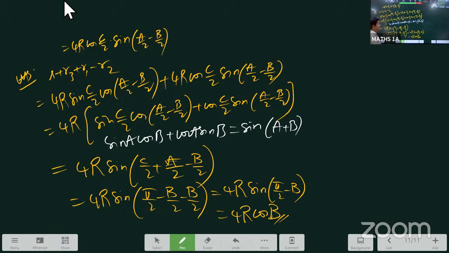The very regular, most important questions, which were asked very frequently in the final exam, those questions of properties of triangle have been done. Is it clear?